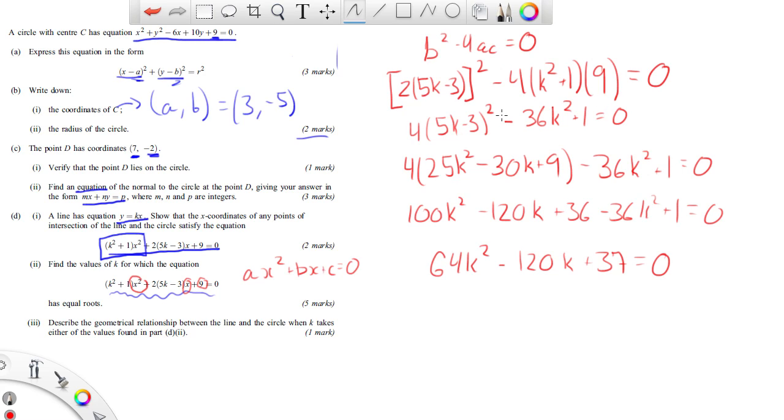I foolishly messed this up a little bit. This shouldn't be a 1, obviously. This should be a minus 36. So for those of you watching at home who caught my little mistake there, awesome. Bonus points. I was testing you. So all these plus 1s are just going to be minus 36s.